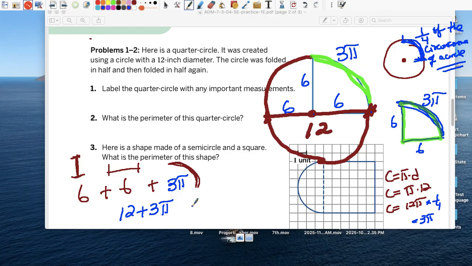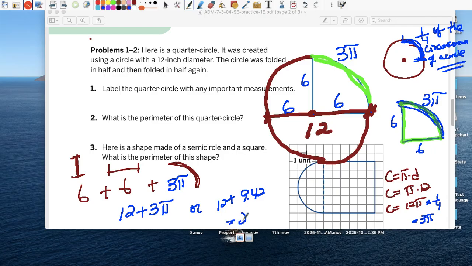But if your test question says combine everything, well, 12 is 12, but let's figure out what 3 pi is. 3 times pi is 9.42. 9.42 rounded. So again, this already becomes not a precise number. So 12 plus 9.42 rounded, and we get 21.